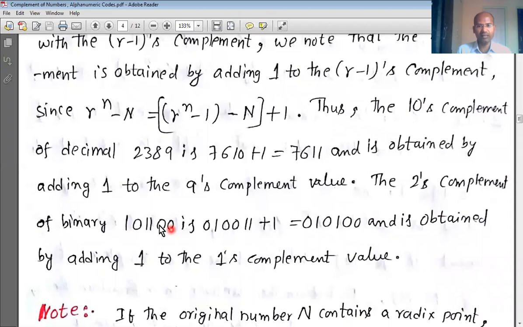Just invert all the digits. So 1 becomes 0. This 0 becomes 1. These two 1's become two zeros. These two zeros become two 1's. This is the 1's complement of this, but that is not what we wanted. What we wanted is the 2's complement. After having this 1's complement, add 1 to it. Okay, this 1 plus 1 becomes 10.